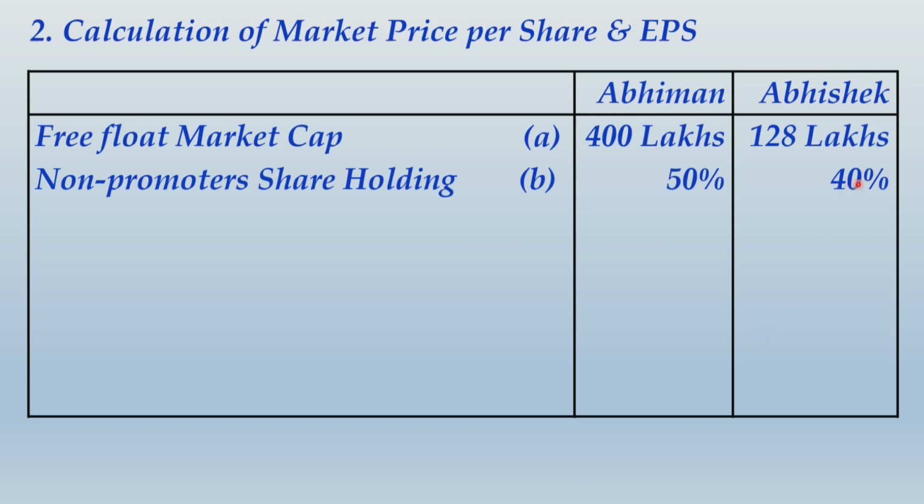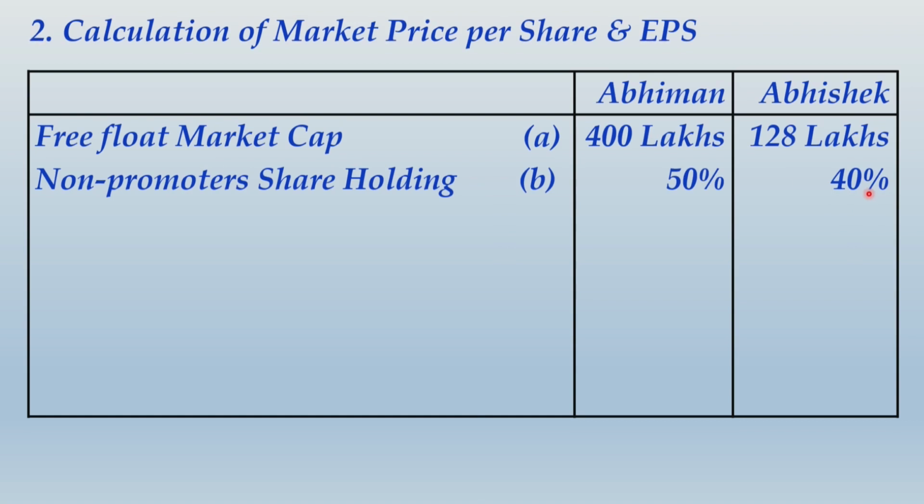Let me give you an example by taking this case of Abhishek Limited. Check in the question. The promoters holding in case of Abhishek Limited is given as 60%, and now the non-promoter shareholding will be obviously those shares which are not held by promoters.